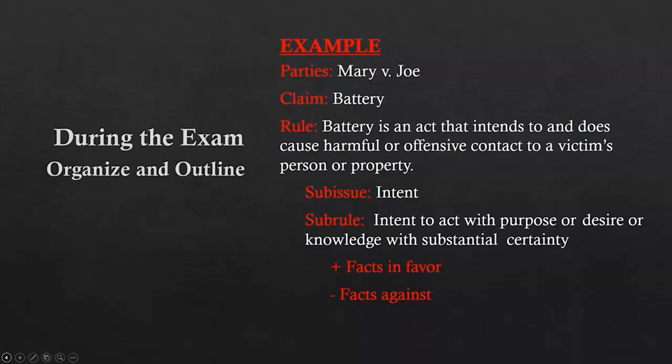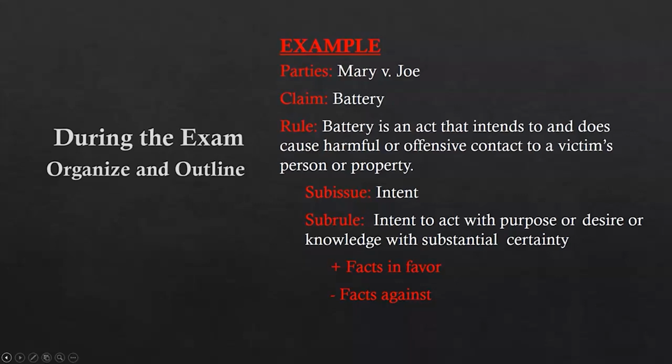I'm going to remind myself what the rule statement is. The rule is a general proposition of law that is applicable to any case based on similar facts. So battery is an act that intends to and does cause harmful and offensive contact to a victim's person or property. That's the rule in this jurisdiction.